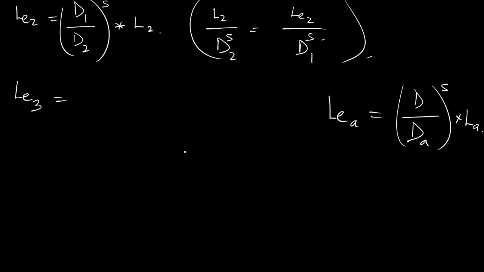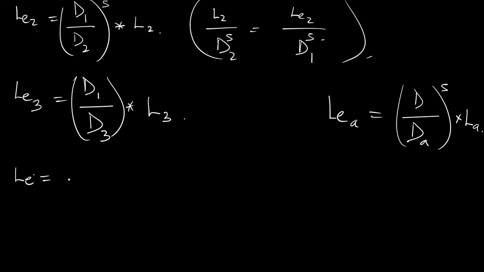So now this is a general formula. So now we'll say D1, which is what we want all of them to be, divided by D3, raised to power 5, times L3.